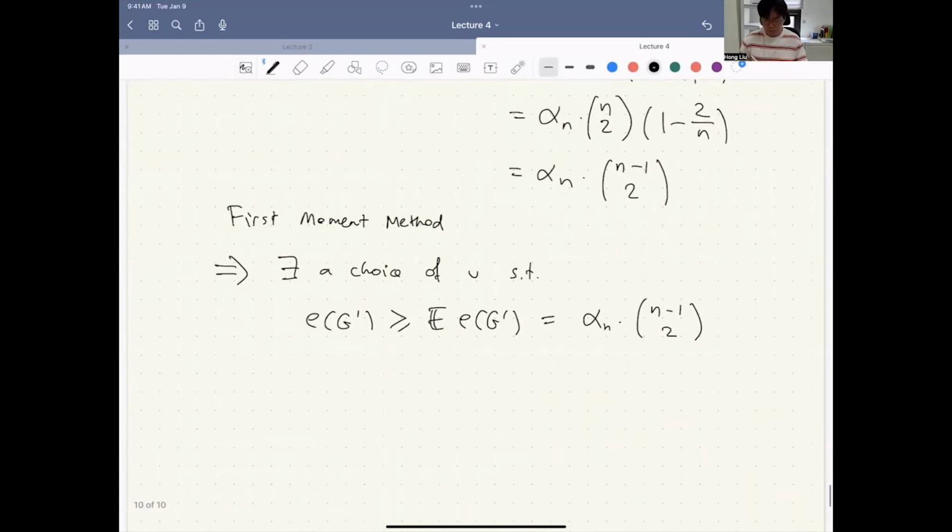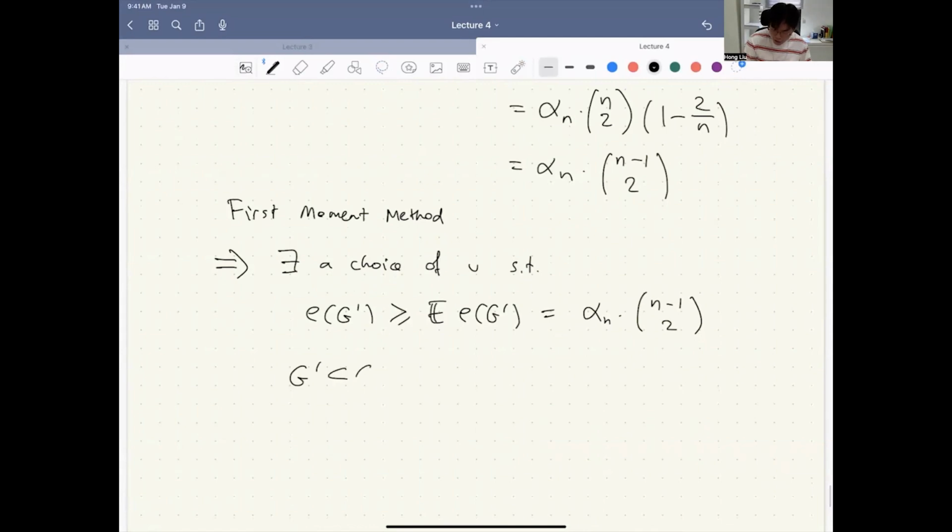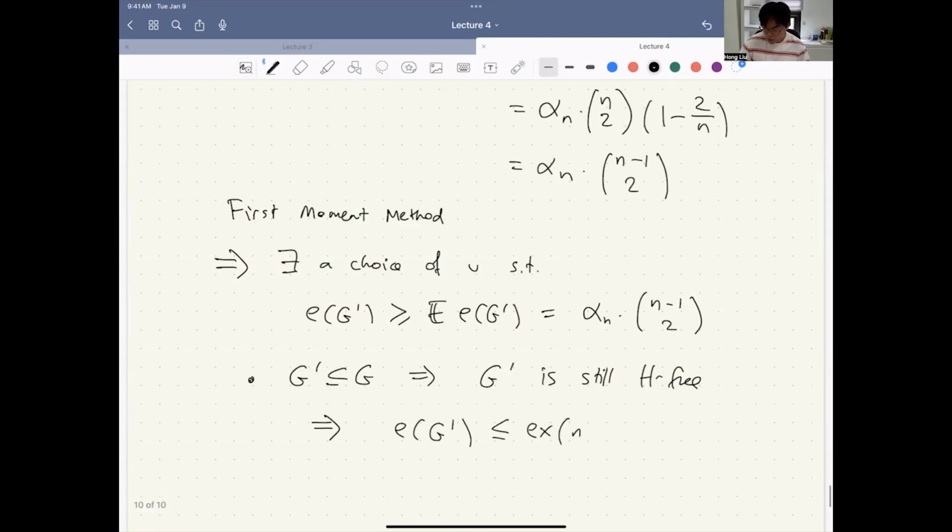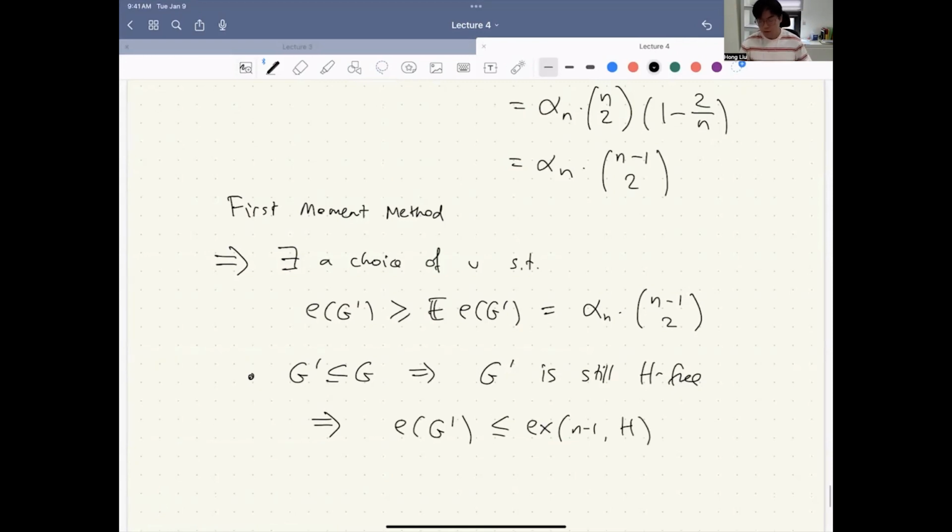We are almost done. Remember, G prime is a subgraph of G. Because G is H-free, G prime is still H-free. What does it mean? That implies the number of edges of G prime, an n minus 1 vertex graph, is at most the extremal number of H on n minus 1 vertices. And by definition, this is alpha n minus 1 times n minus 1 choose 2.